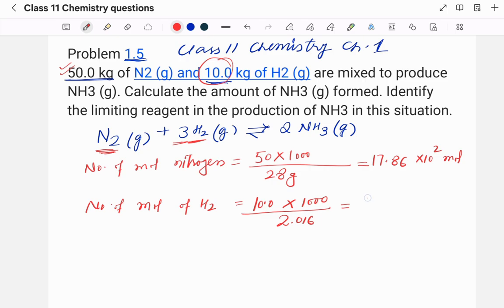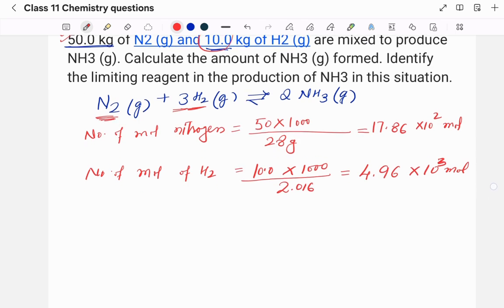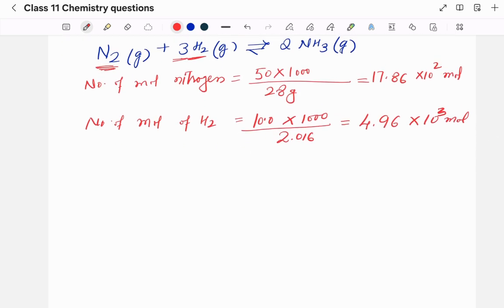So the answer becomes 4.96 into 10 to the power 3 moles.